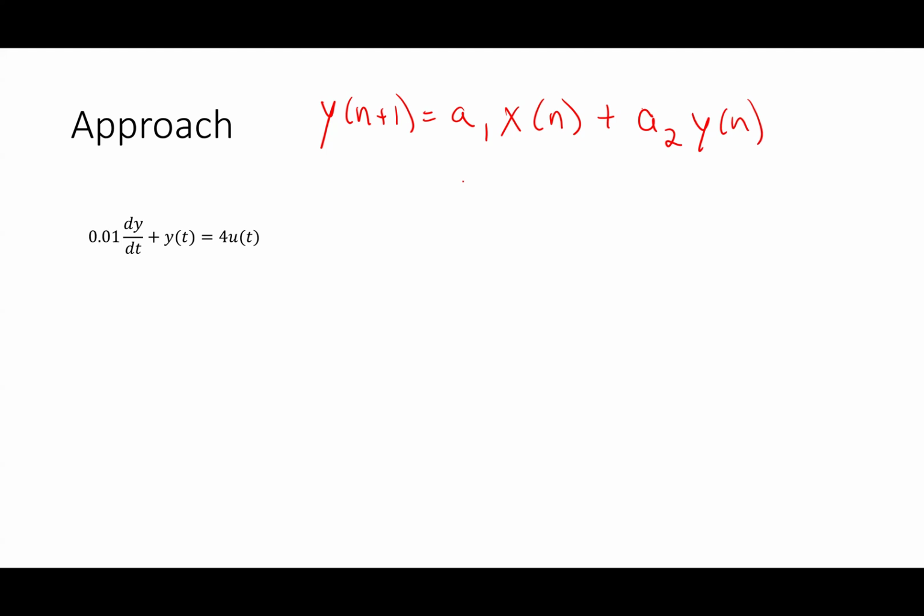And I know that A1 is equal to delta t over tau, and that A2 is equal to 1 minus delta t over tau. Okay. And I have numbers for all those things.